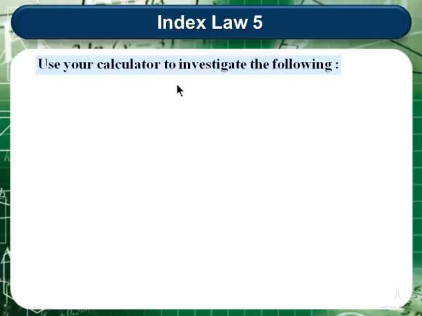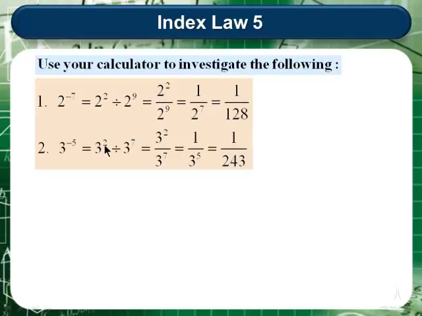Let us look at index law number 5, and again we can use the calculator to assist us in this computation. Now, if we have 2 to the power minus 7, this can be, according to the division rule, a result of dividing 2 to the power 2 by 2 to the power 9.